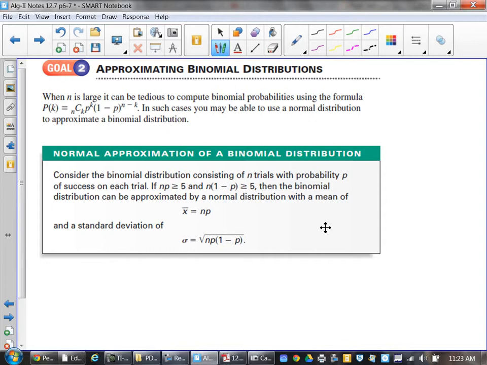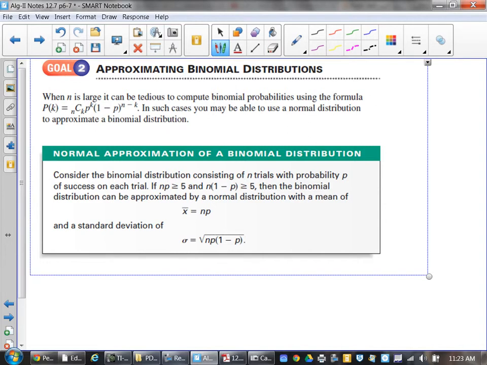Now, instead of doing all of this, there's a real nice application we use in the calculator for when your n value is large. When you have a large binomial distribution, it is very, very close to being normed data. If the binomial distribution looks clean, it norms itself out. We kind of started showing that with some of the histograms. The more n value sets, the more it looked like the actual bell curve.